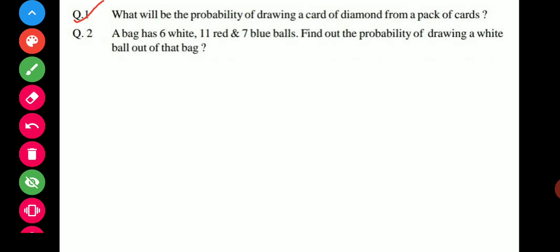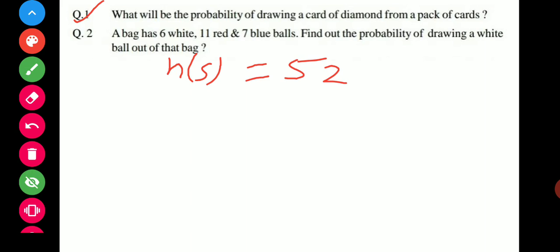Draw a card of diamond from a pack of cards. So first, a pack of cards has a total number of cards, that is the NS. Total number of cards is 52. ताश के पत्तों में 52 कार्ड्स होते हैं. And how many diamonds?